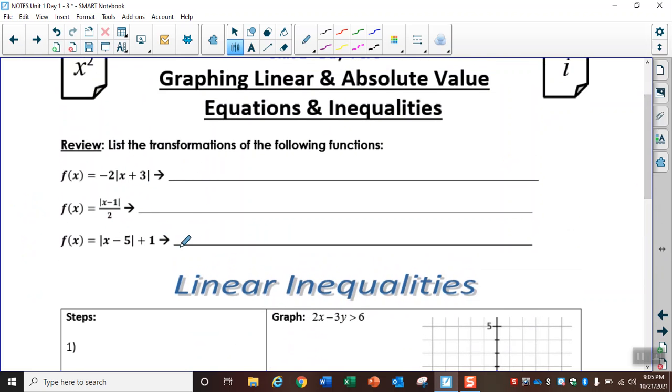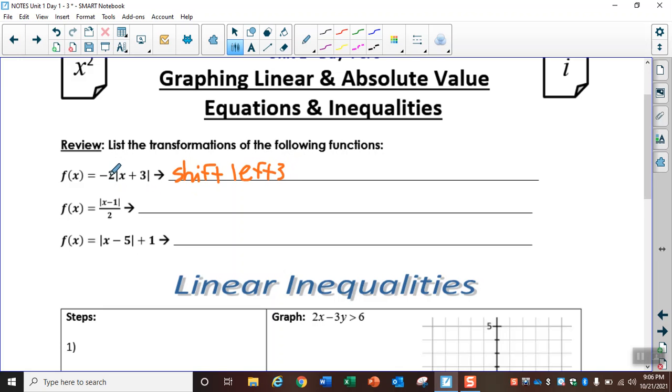This is transformations, what we did in class with the Quizlet. So remember, if it's inside, it's going to be horizontal. So this would be a shift. It's +3, so this would be a shift left 3.